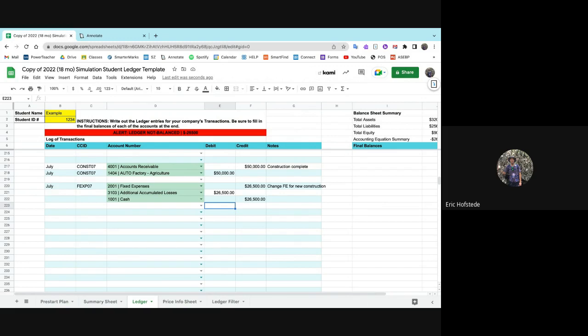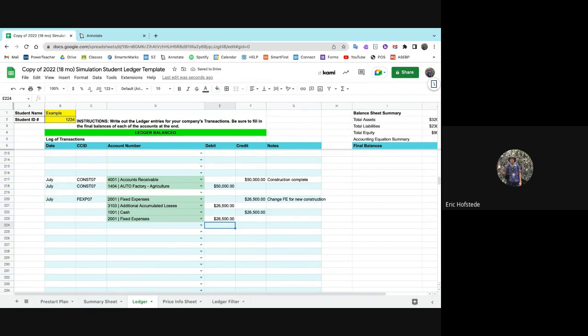That sums up our gold and our construction, two of the, I would say, harder ledger entries, but hopefully this helps you figure those out. One last thing that you got to remember to do in December is your taxes.